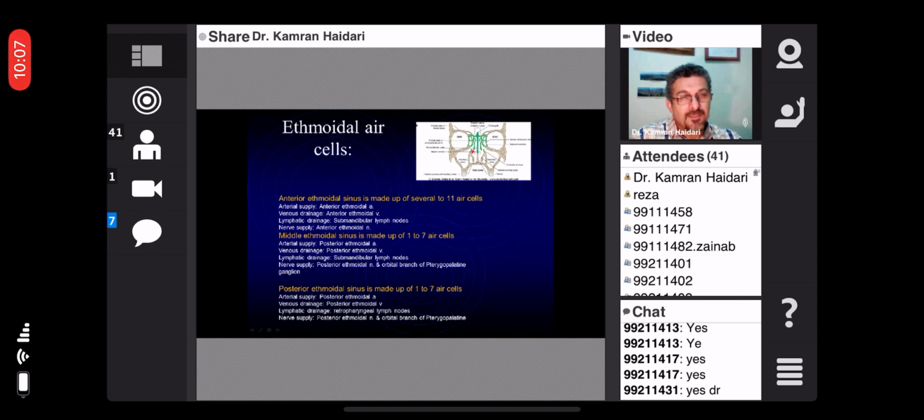You can see this is the way of drainage of the secretion of the maxillary sinus. By this way, secretions from this sinus are drained into the nasal cavity, and the bottom of the maxillary sinus is this level, and the orifice is this level.